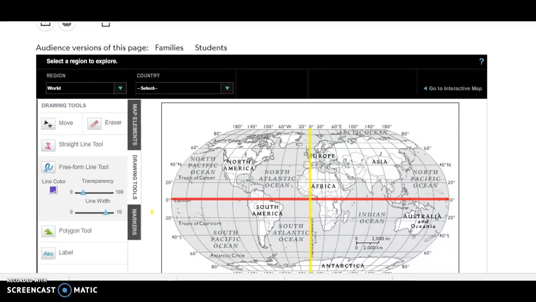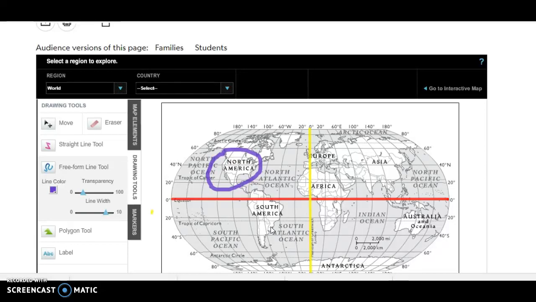We're going to mark North America with a purple line. There we go. North America, that's the continent in which we live. And right here in the middle, where the words are, that is the United States portion of North America. Below it is Mexico, and above it is Canada.